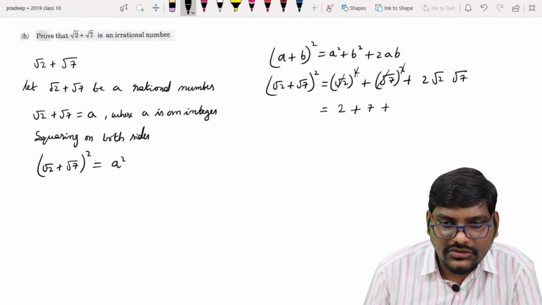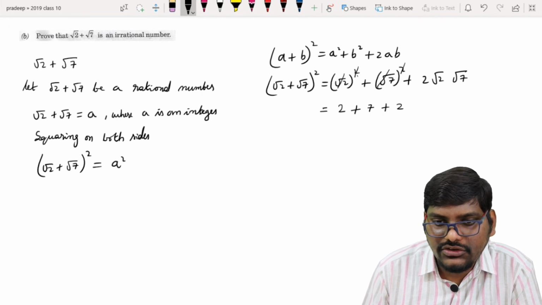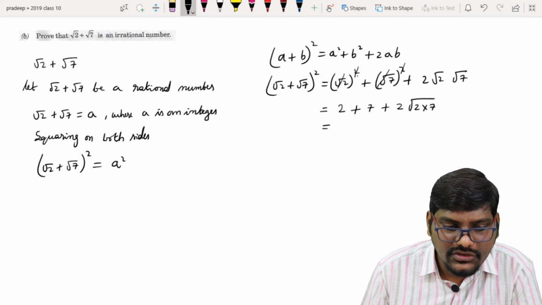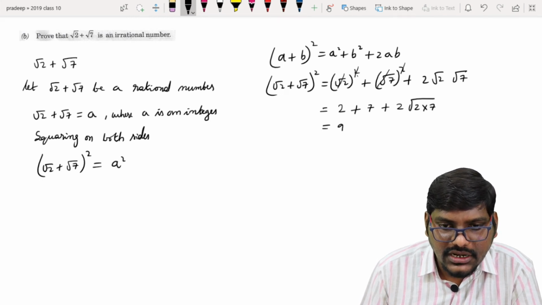Plus 2 into root 2 into root 7, which means we multiply 2 into 7. So 2 plus 7 is nothing but 9, plus 2 root 14.